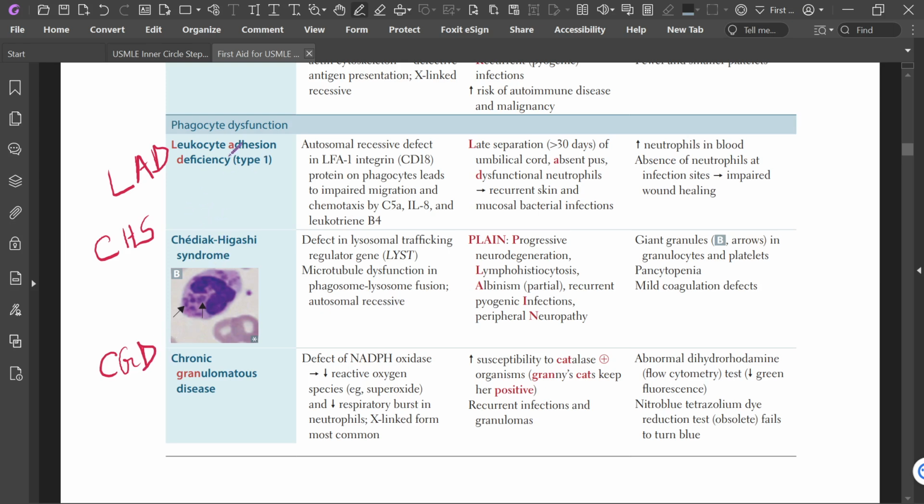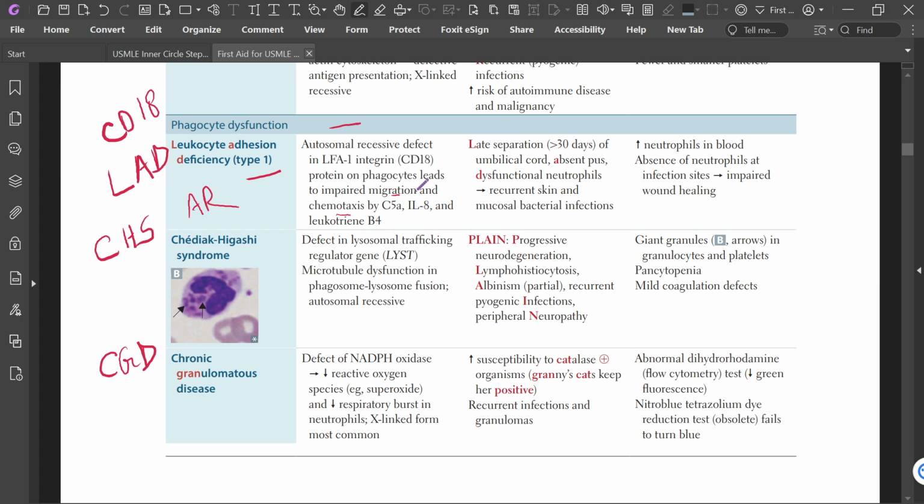In leukocyte adhesion deficiency type 1, it is autosomal recessive, AR, and there is a defect in LFA integrin, which is CD18 protein on phagocytes, that leads to impaired migration and chemotaxis.